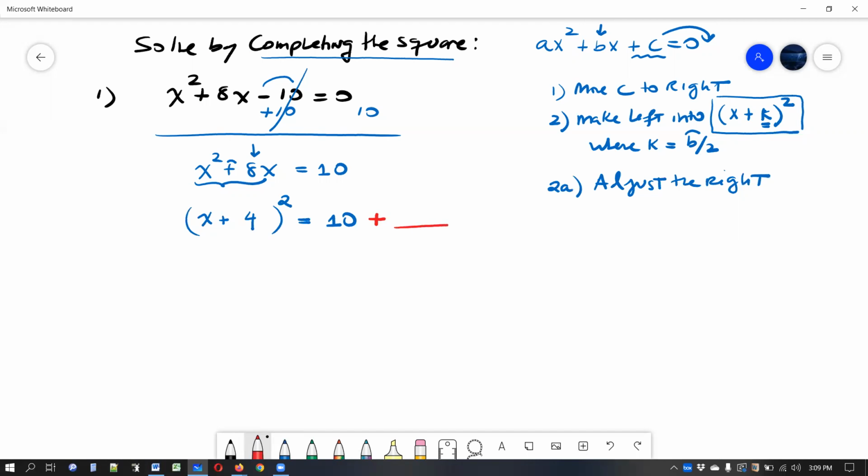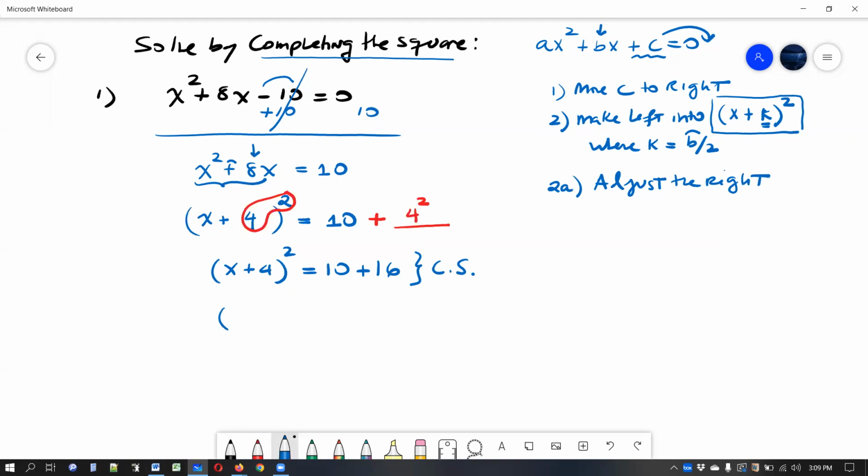And what you're going to write over here is going to be this, 4 squared. Okay, so let me just rewrite it. X plus 4 squared equals 10 plus 4 squared, 26. This step is called completing the square.